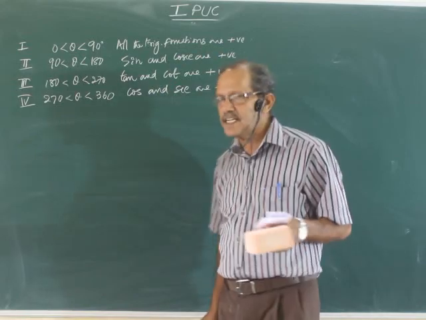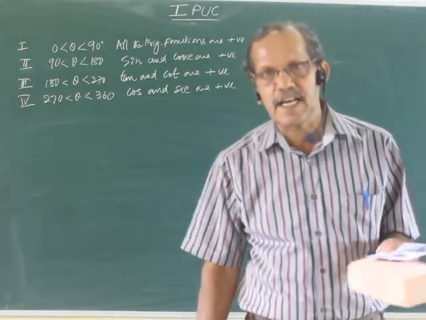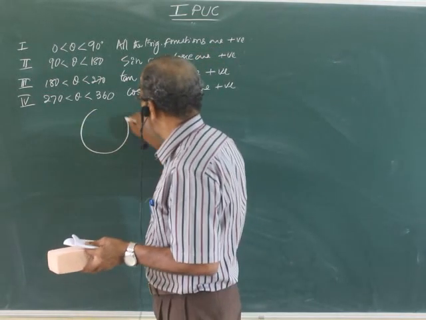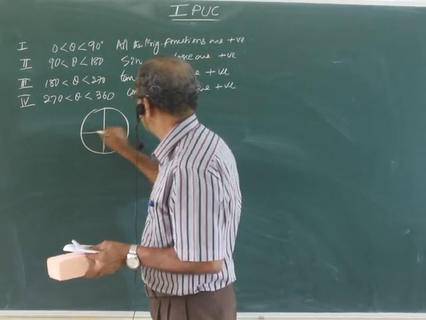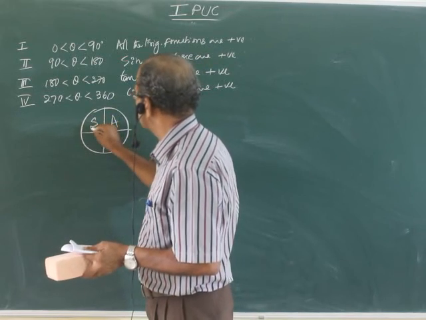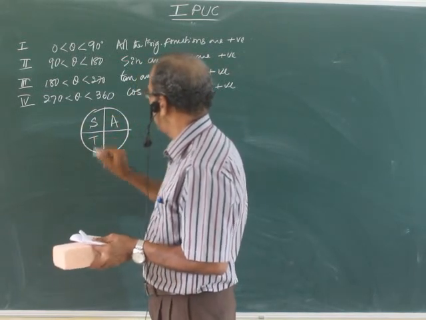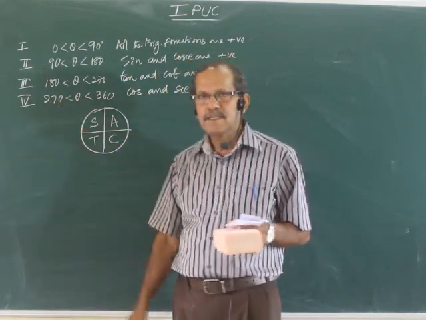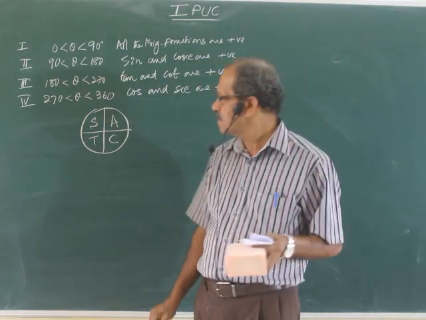We have seen these things in the last class. I have written like this also, you may be remembering that. First quadrant all, second quadrant sine positive, third quadrant tan positive, and in the last quadrant cos positive.